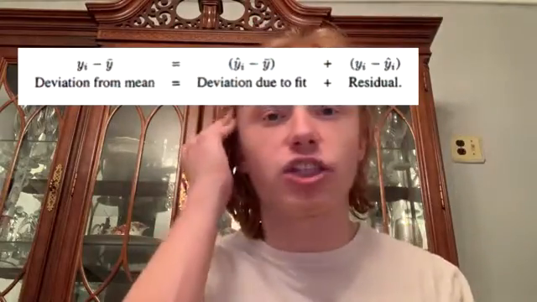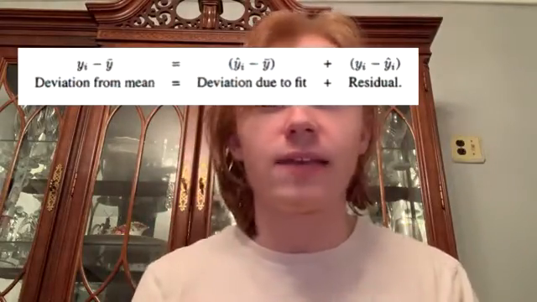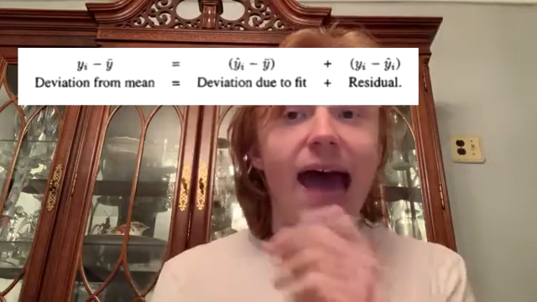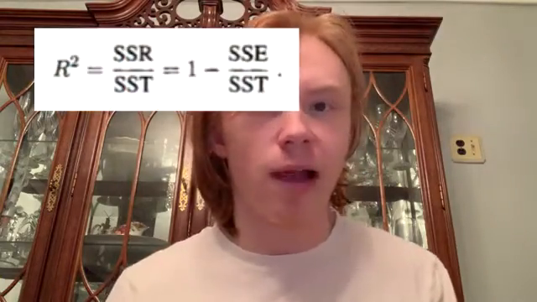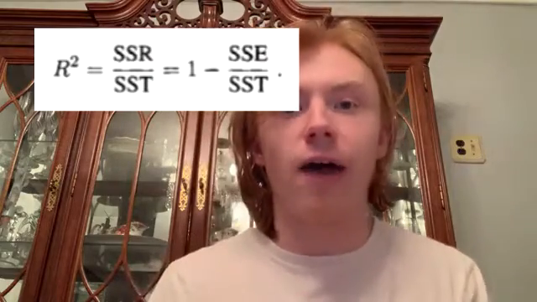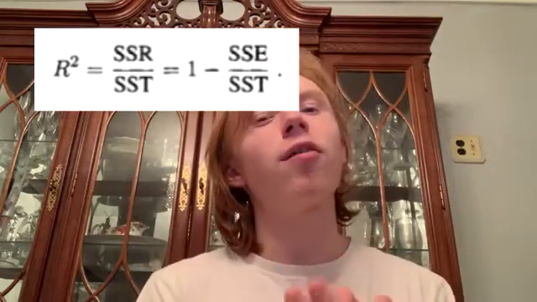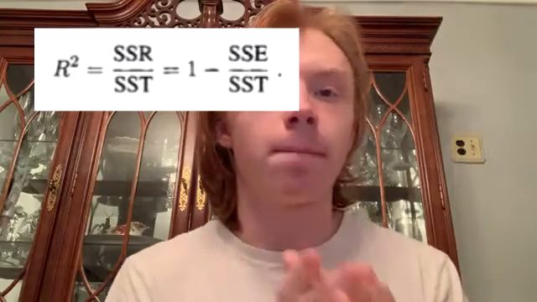If we subtract y bar from both sides, however, we see that we can re-express this equation as the deviation from the mean equaling the deviation due to fit added to the residual. This method of reformatting allows us to interpret these numbers in all sorts of useful ways, including with the ratio r squared. Since r squared represents the ratio SSR divided by SST, we can also rewrite this as 1 minus SSE divided by SST.